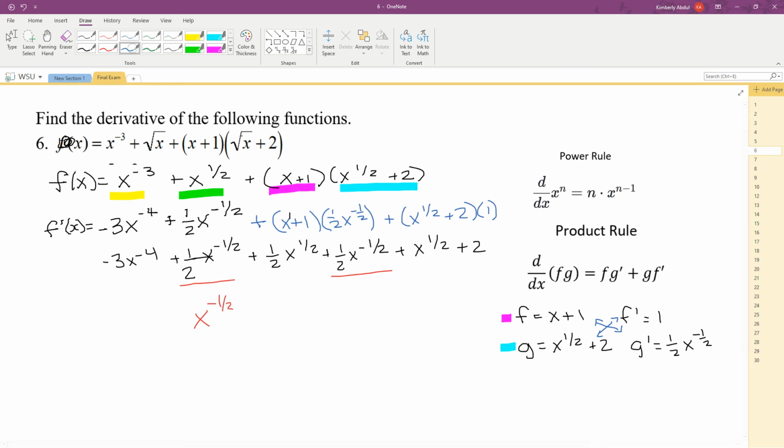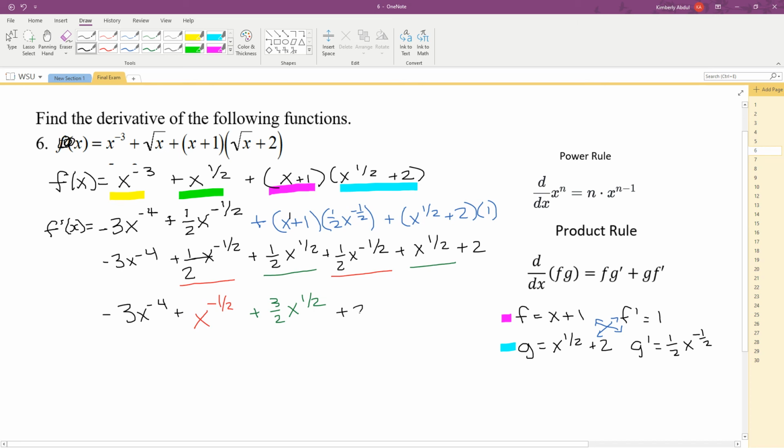And then here I have 1 half x to the 1 half plus x to the 1 half. And so 1 half plus 1 is going to be 3 halves x to the 1 half. And then these other portions here are going to just come down.